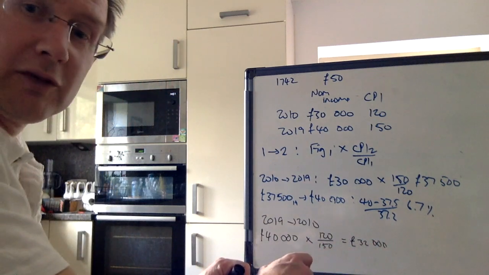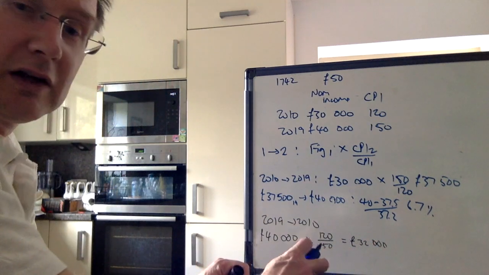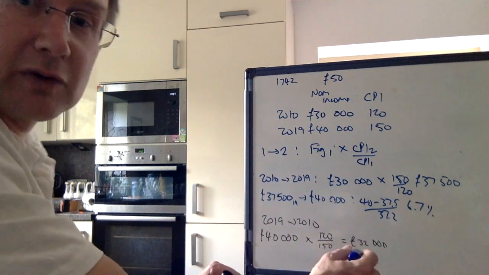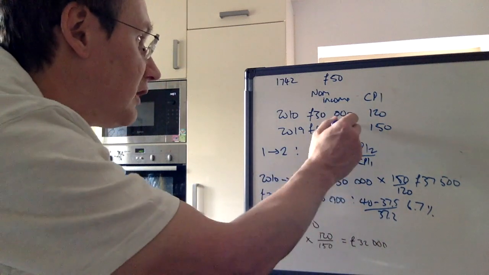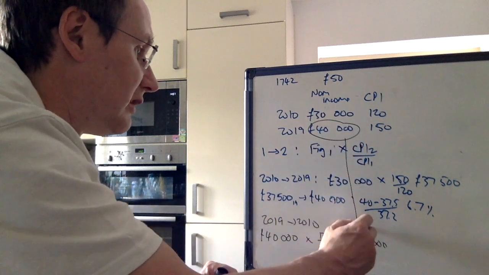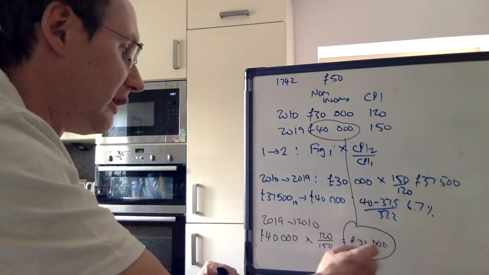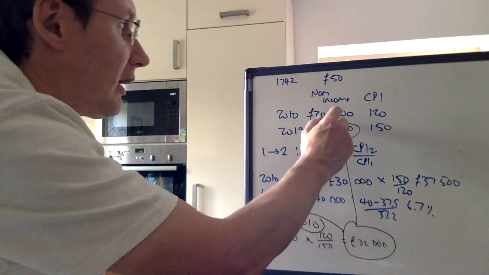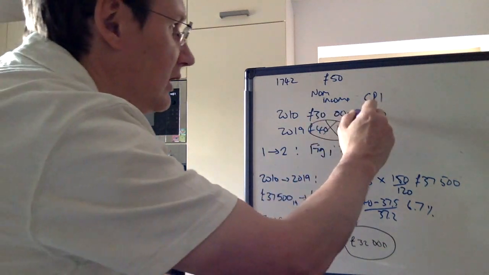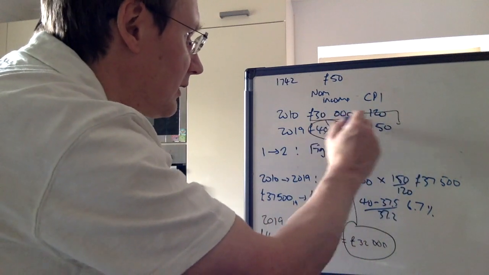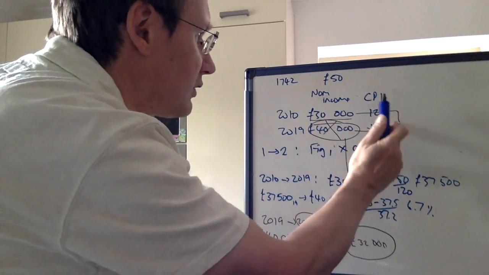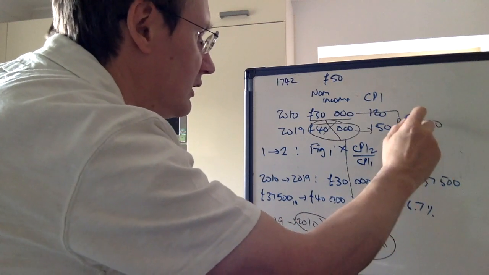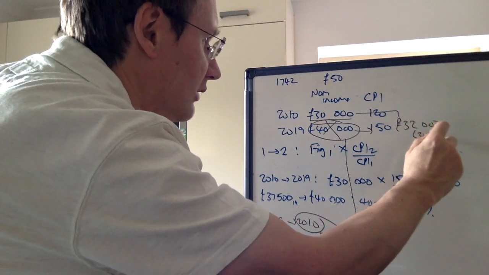So if we work out the percentage change in this case, we can say the same thing. £40,000 in 2019 is the equivalent of £32,000 in 2010. Having rebased that, income has risen from 30,000, the original year, to £32,000 in 2010 terms.